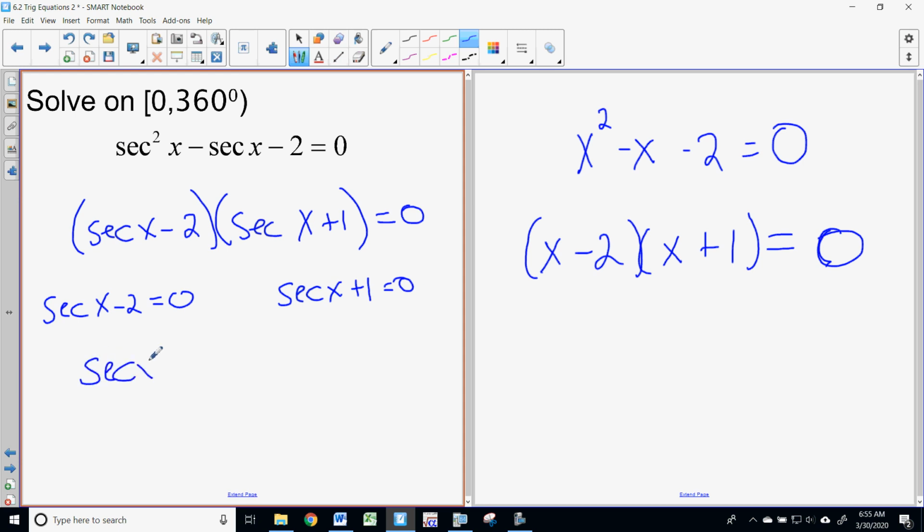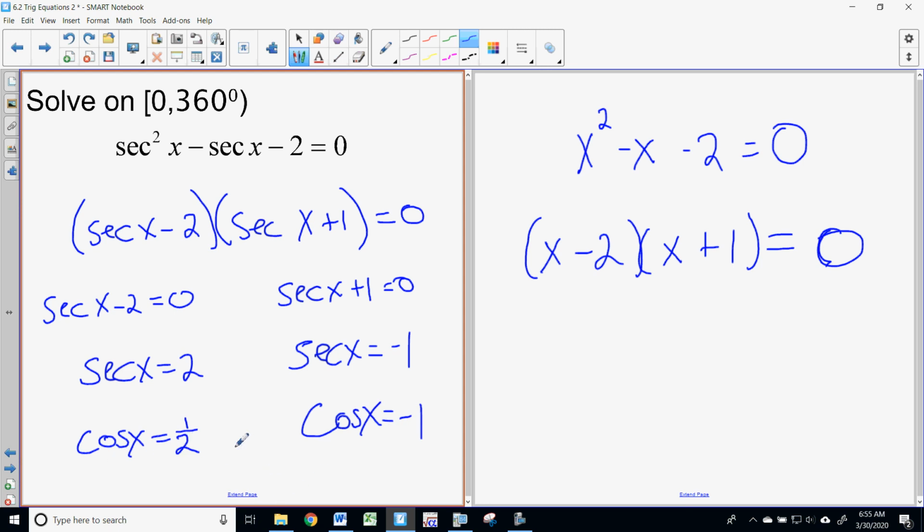And at this point, this just goes back to all those other problems we've looked at since last time, where you have to get your trig function by itself. You need to flip it on both sides to get our answers. And now you end up with just the trig function equals something from the unit circle.